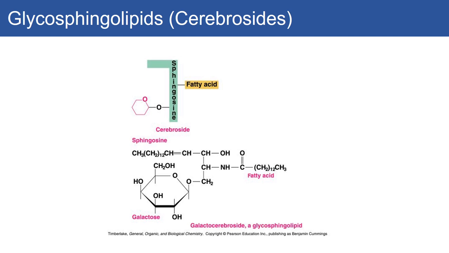Cerebrosides have a single monosaccharide, but there are also numerous longer chains that can be added. That small chain is usually glucose or galactose. And you can see from here we have a sphingosine backbone with a fatty acid chain, and then we have our sugar or carbohydrate residue with a linkage.